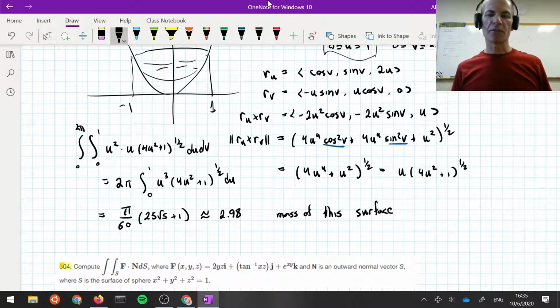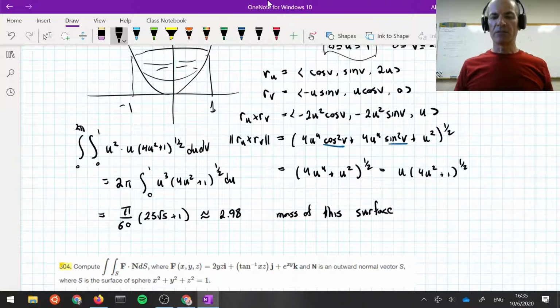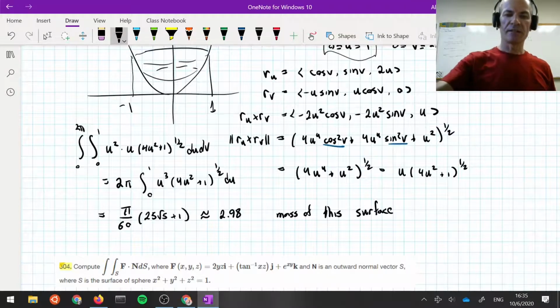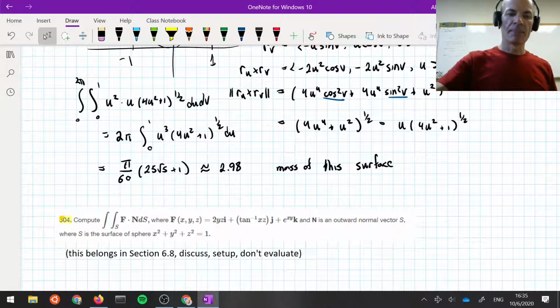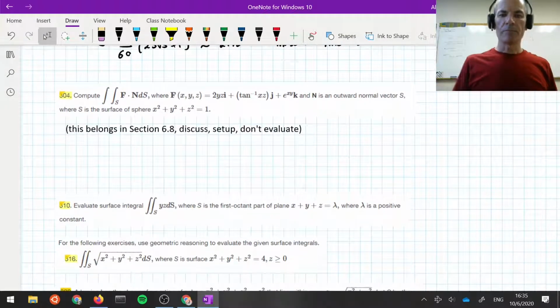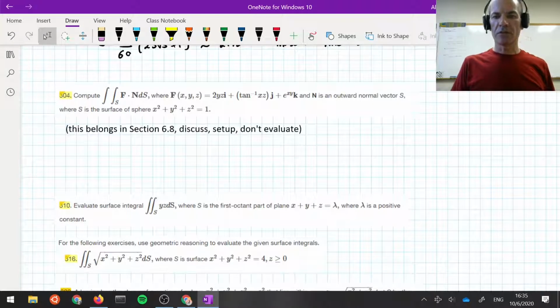That's the mass of the surface. Positive number, right? We need a positive number here, that's a big clue that you've done things correctly.